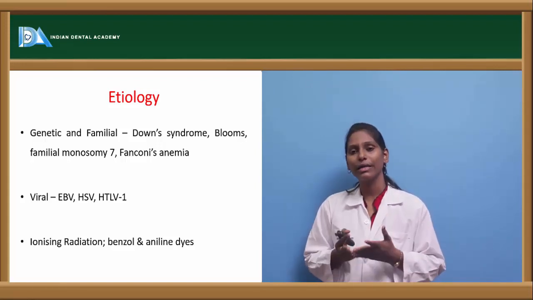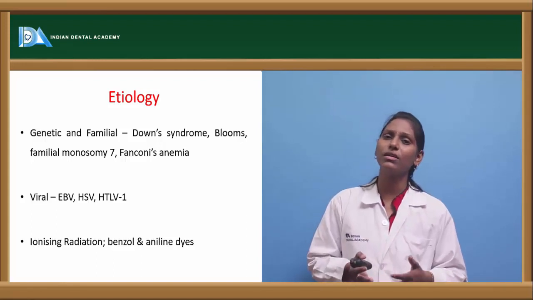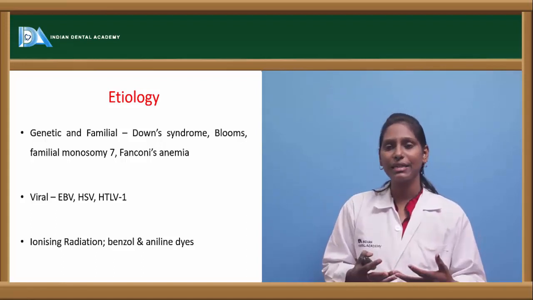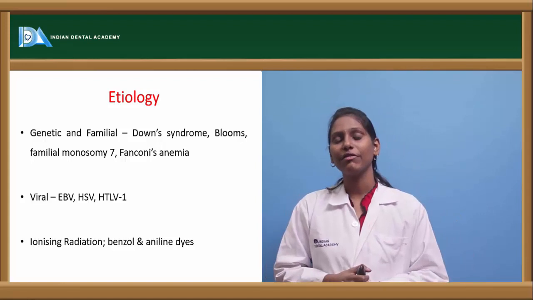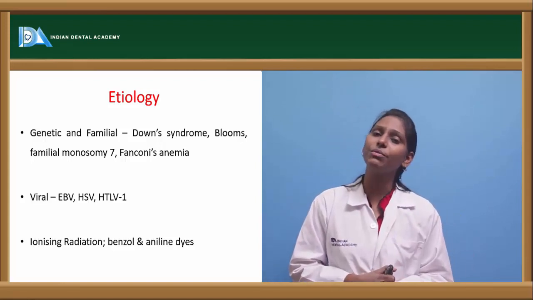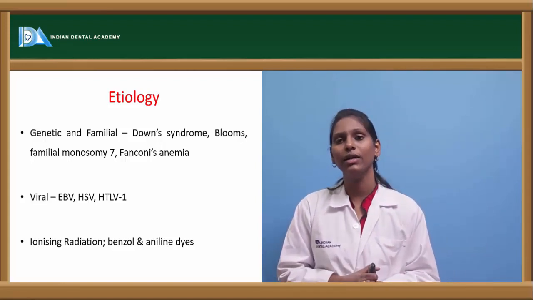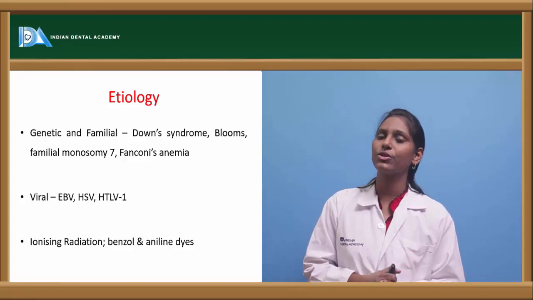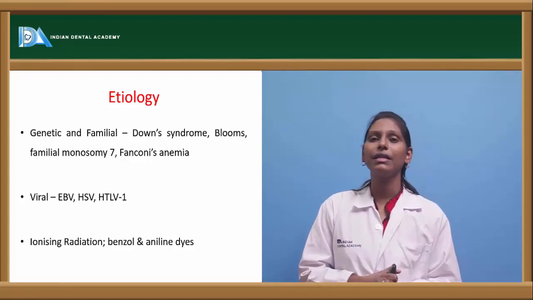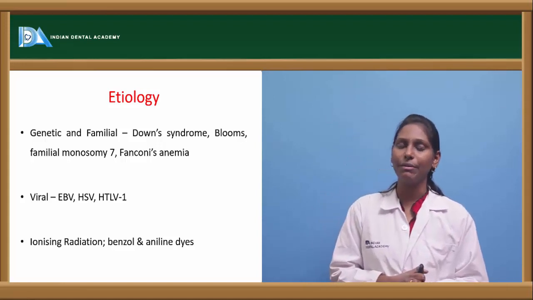Now coming back to the etiology, leukemia is most predominantly genetic and familial in origin, and there are some syndromes usually associated with it, including Bloom's syndrome, Down syndrome, familial monosomy 7 and Fanconi's anemia.